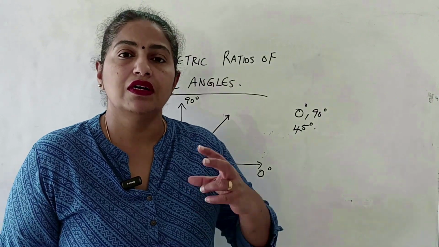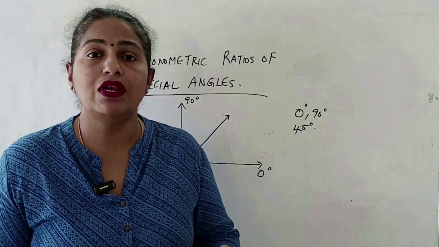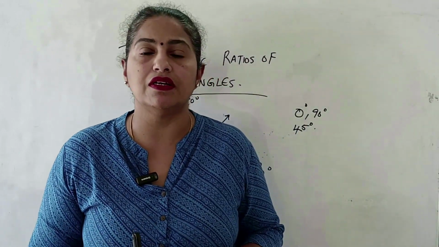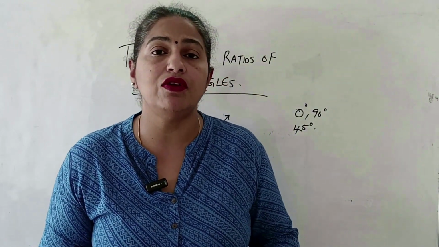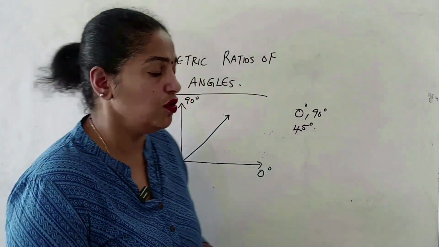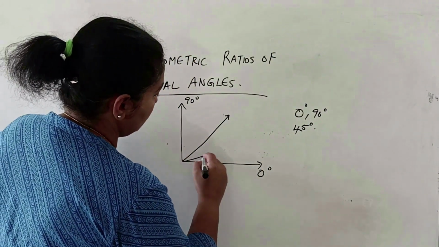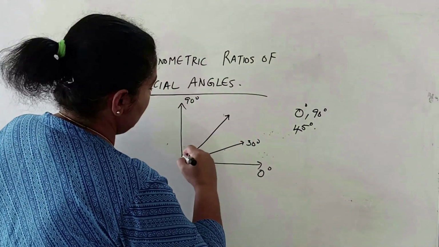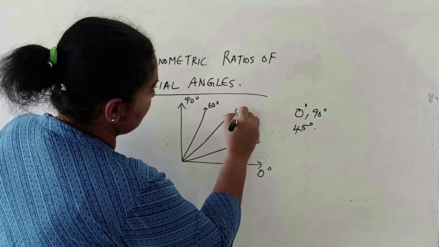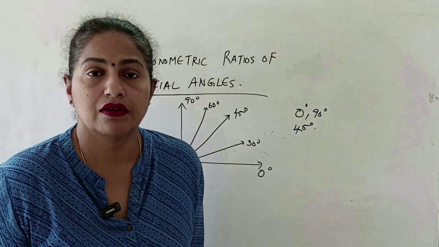Now, when you were in grade 7, you learned about construction of specific angles. Which are the angles you learned? You learned about 30 degrees and 60 degrees, obviously 90 degrees and 45 degrees. So, we are bothered about 30 degrees, 60 degrees, and this is our 45 degrees.